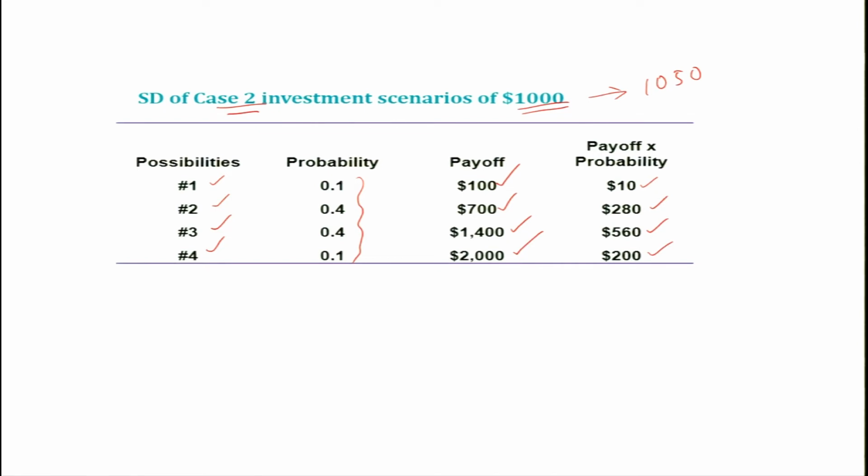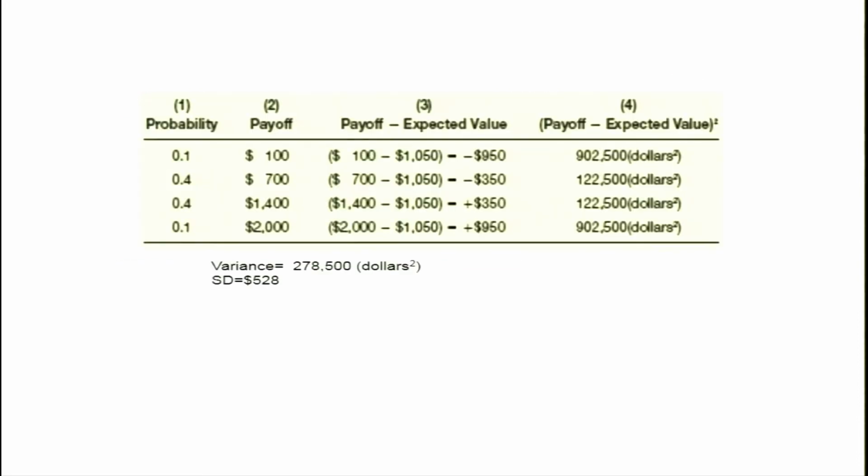So, in this scenario, how do we calculate the standard deviation? We discussed already: payoff minus expected value, then you will be getting these values, payoff minus expected value squared.